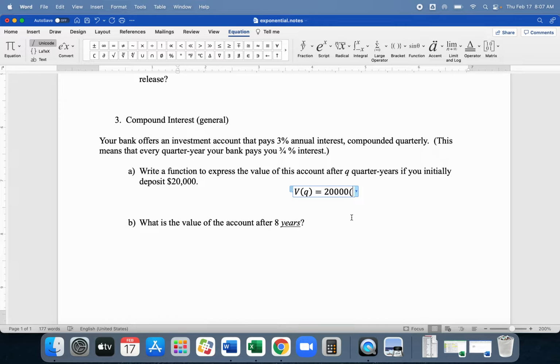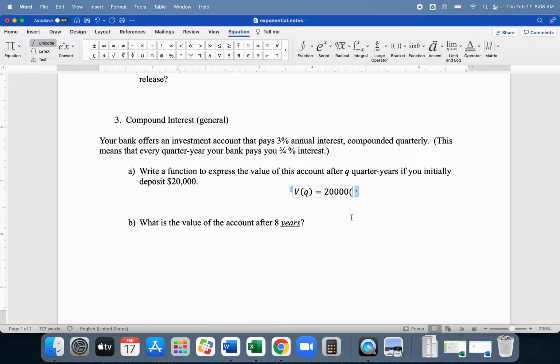When I had 4% in the earlier question, that 4% increase led us to that 1.04 growth factor, because we have all the original plus 0.04, which represents 4%.